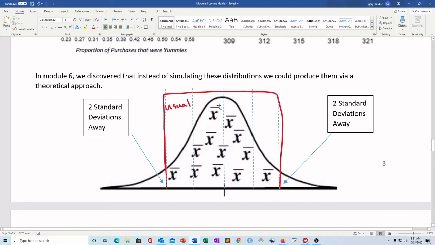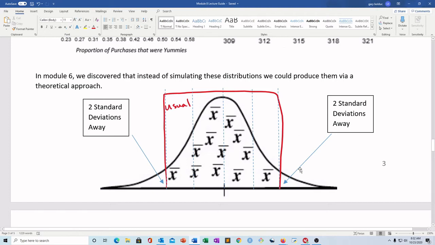So we talked about this before. For this picture, we expect 95%, aka all the usual statistics that we're expecting to happen, the middle clump, all of those will fall in this red box.